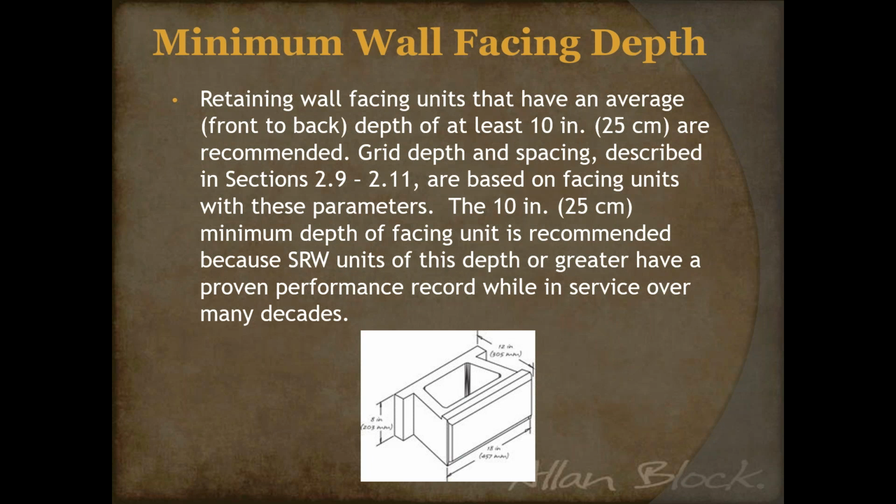We don't recommend using any of our calculations and considerations if you're going to be using a block that's smaller than that, because that was the cutoff that has been considered in a lot of the analyses, not only from Allan Block but across the industry. So just keep that number in mind. It's 10 inches.